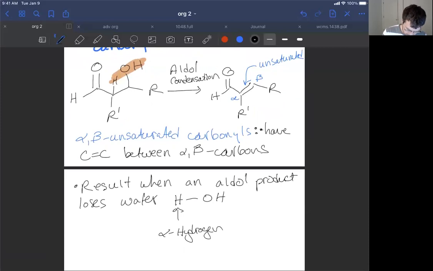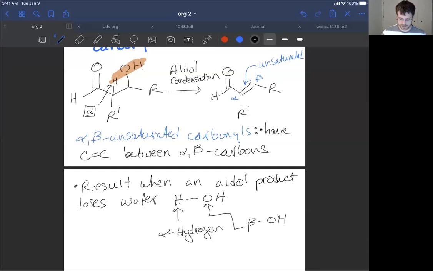Hopefully you can see that from my highlighting up here. We have our alpha hydrogen, so that's inherently acidic. And the other, the OH, was the beta OH. So those things are lost as a result of this reaction. Let's go ahead and draw some mechanisms for it so we can try to understand it.